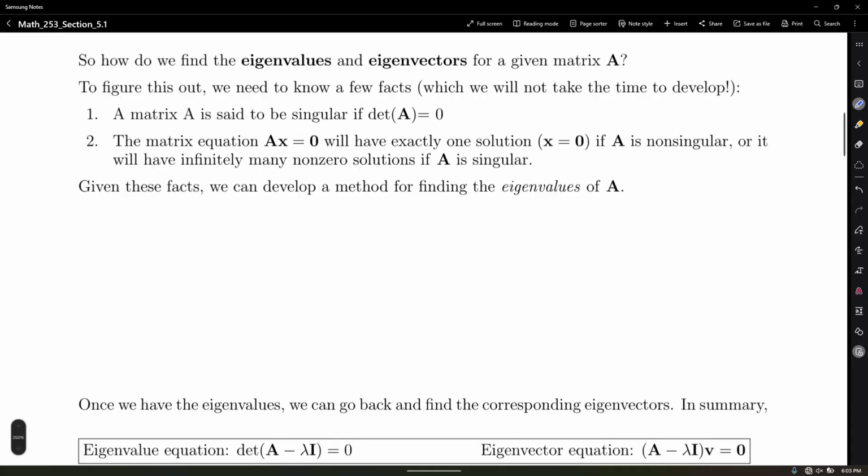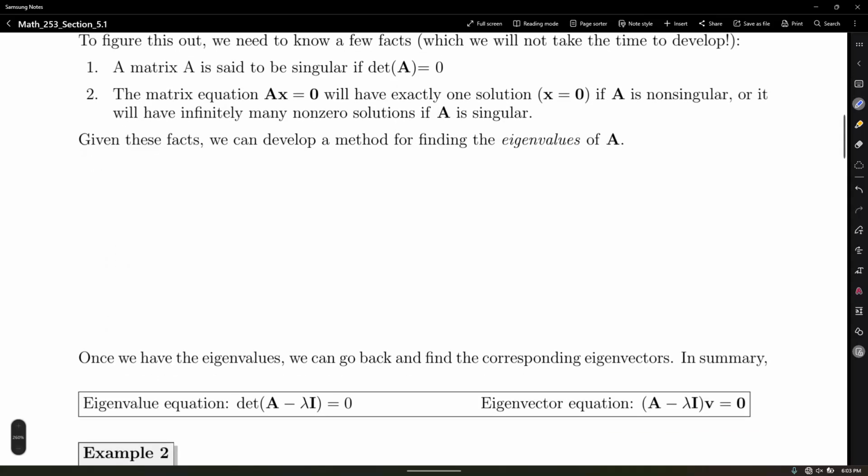Or it will have infinitely many non-zero solutions if A is singular. Given these facts, let's develop a method to find the eigenvalues of the matrix A.